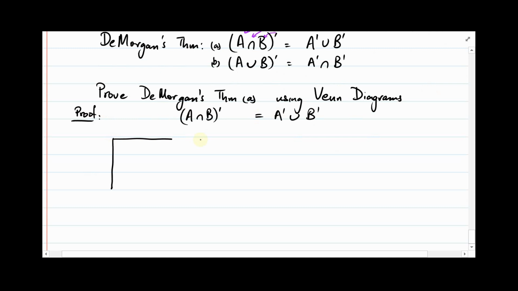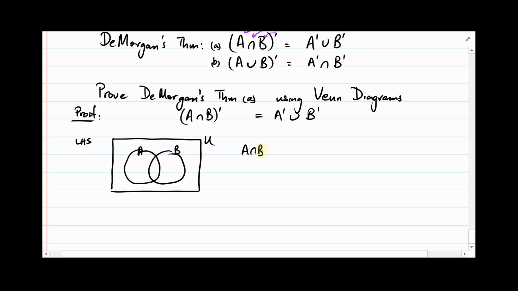All right, so let's start off and look at the left-hand side. Here's my diagram, here's my set A, here is set B, here's our universal set. If I look at working inside a bracket, A intersected with B, I'll color code that with my green here.